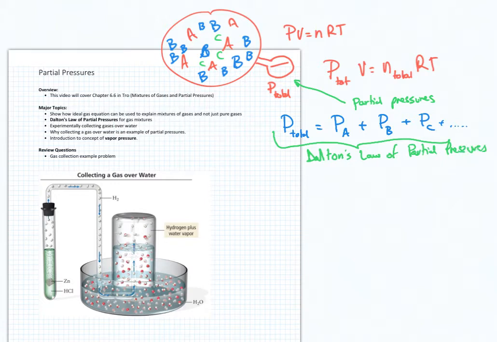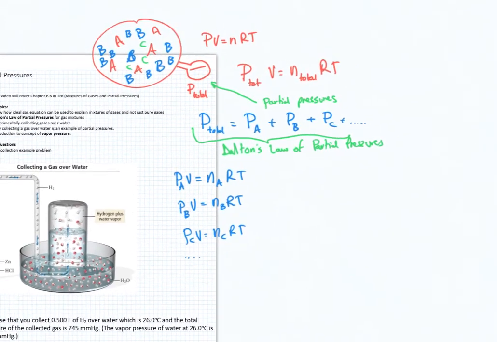So a good question is, what are these individual partial pressures? Well, we can write each individual partial pressure just as PV equals nRT, except now the number of moles is whatever that individual gas is. So P_A V equals n_A RT, P_B V equals n_B RT, P_C V equals n_C RT, etc. If we had more gases, we would keep adding these together.